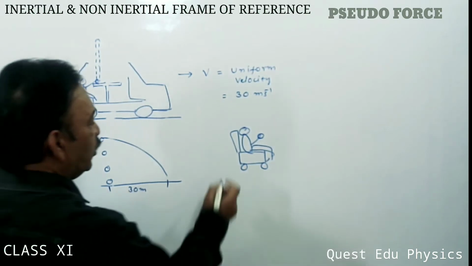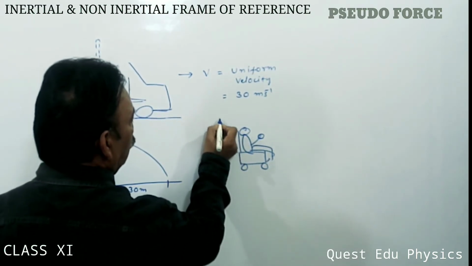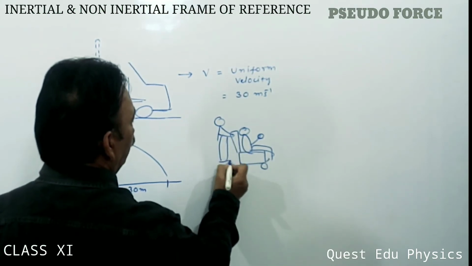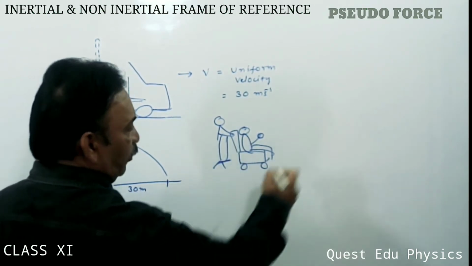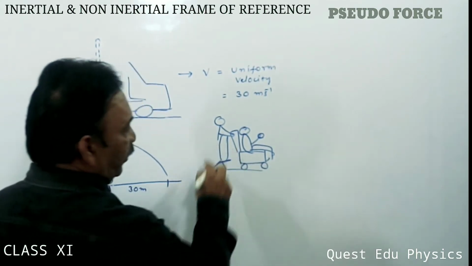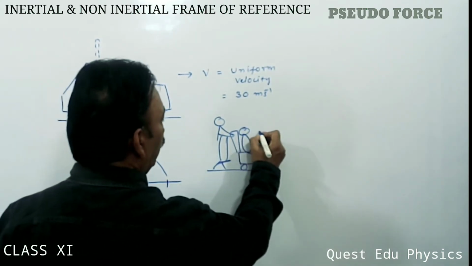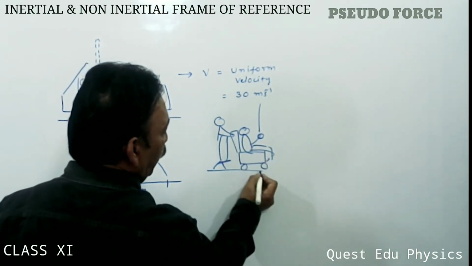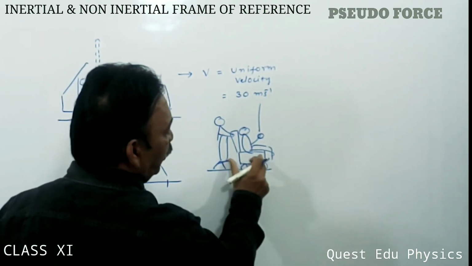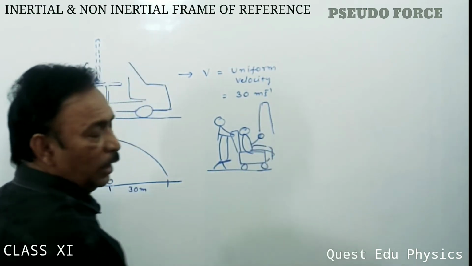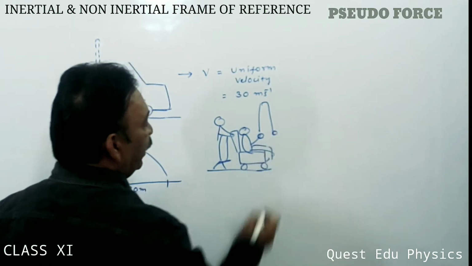Ask your friend to drag you, either forward or backwards. It is your friend, and you are throwing the ball. At the same time, he is also making you move with uniform velocity slowly. Then you will be able to catch the ball again.